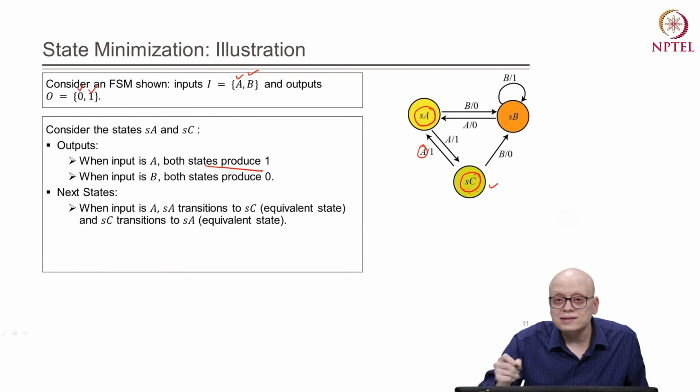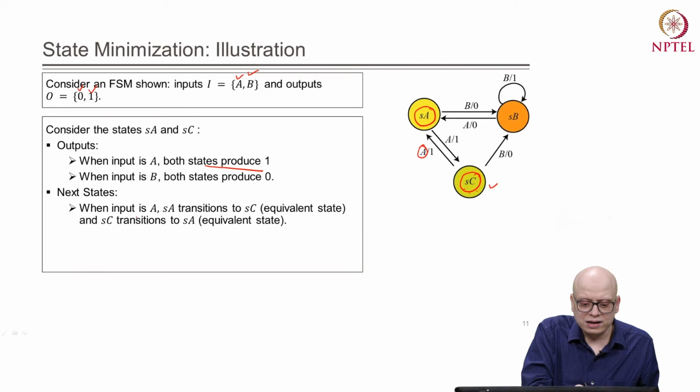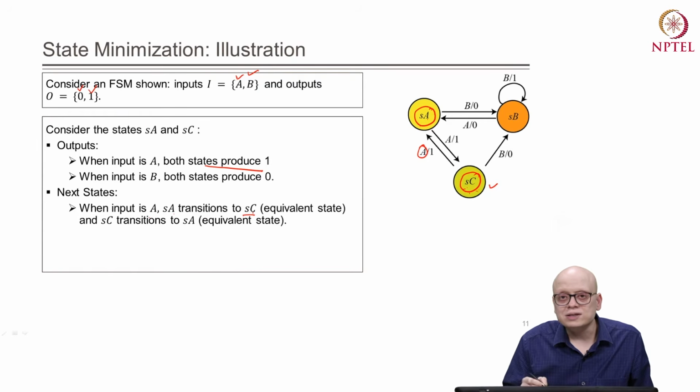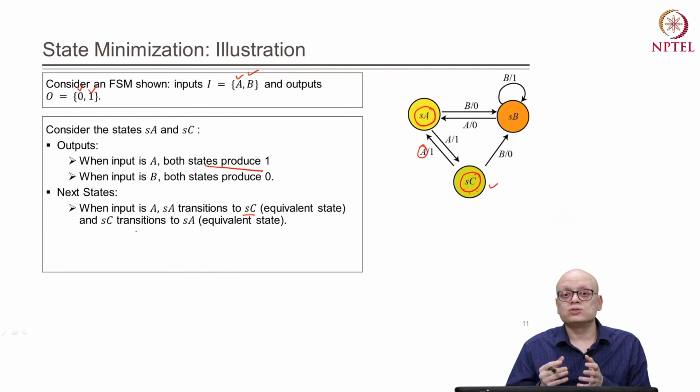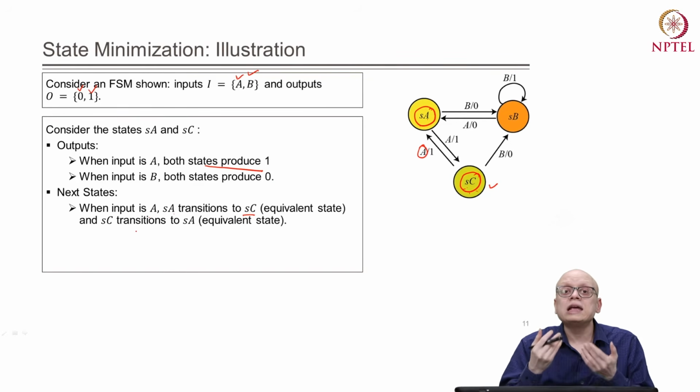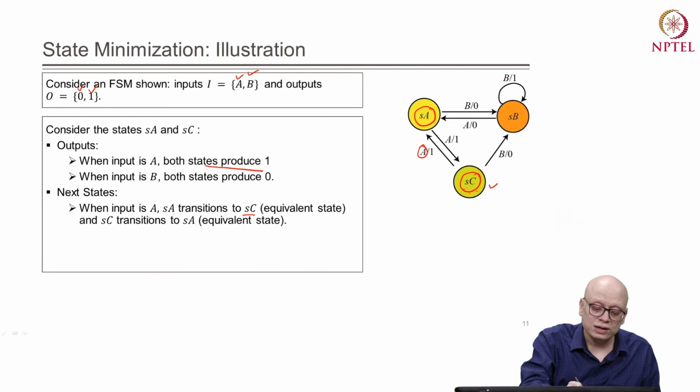Now, SA and SC are equivalent. So, when the input is A, SA transitions to SC and SC transitions to SA, and we are considering SA and SC to be equivalent. So, they are transitioning basically to the equivalent state for the input A.